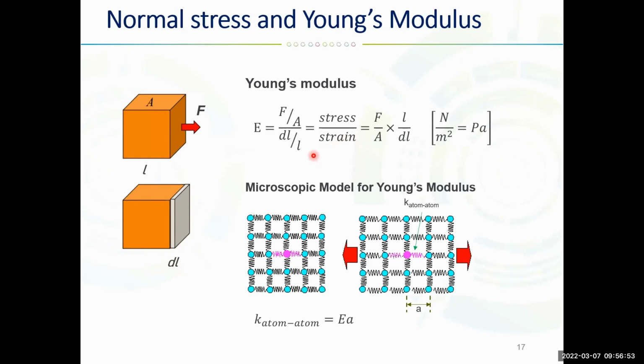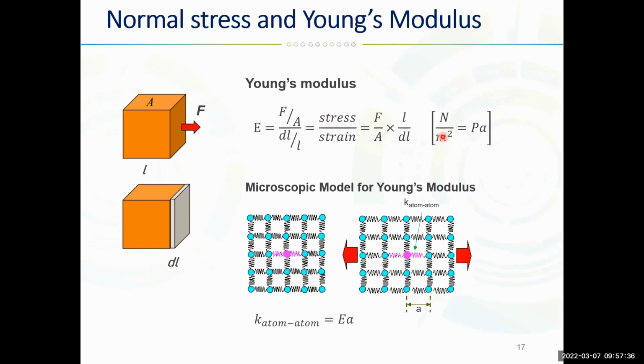The stress is defined as the normal force divided by the cross-sectional area, and the strain is defined as the change of the length, dL by L, the change of the length divided by the original length L. The ratio of these two quantities is equal to the Young's modulus of the material. Young's modulus, or elasticity modulus, is often referred to as a number, and it basically describes the resulting strain that is induced when a particular stress is applied. The units of Young's modulus are force per unit area.